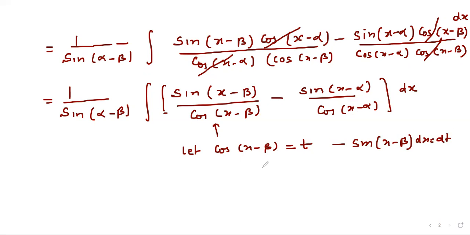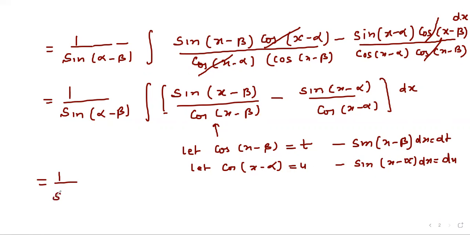And similarly, if we take cos x minus alpha equal to u, then minus sine x minus alpha dx will be du.